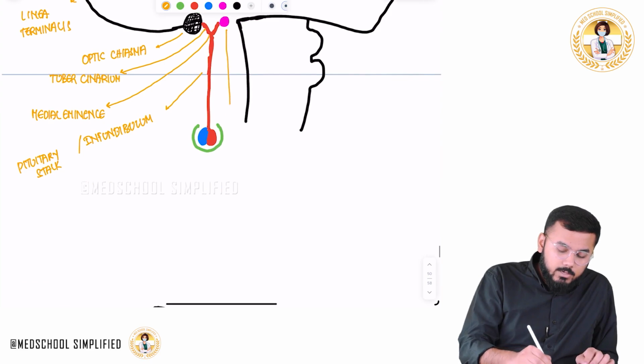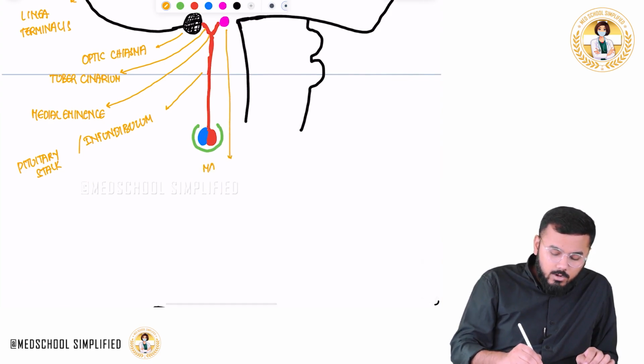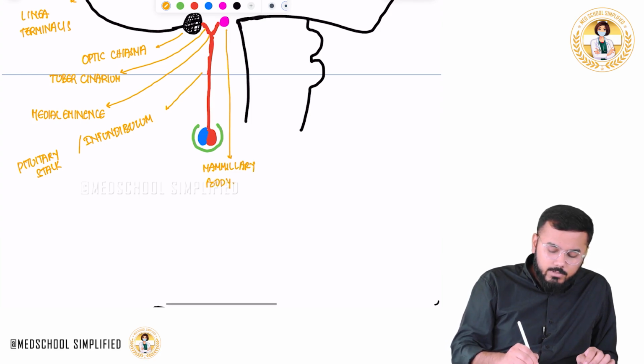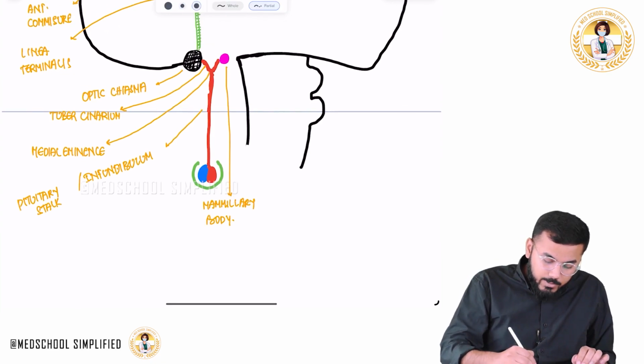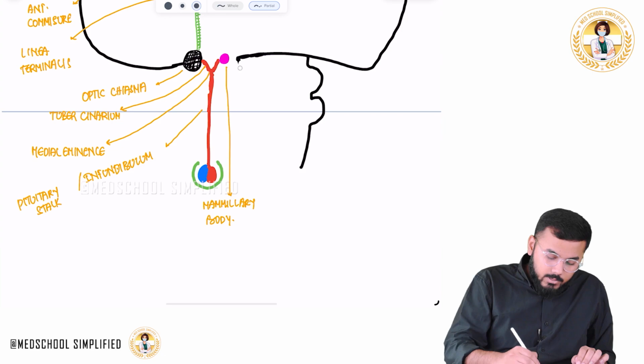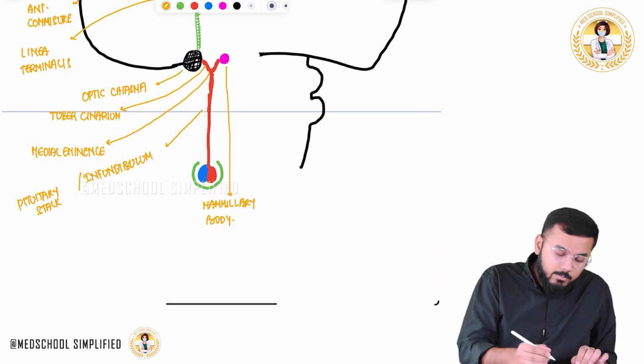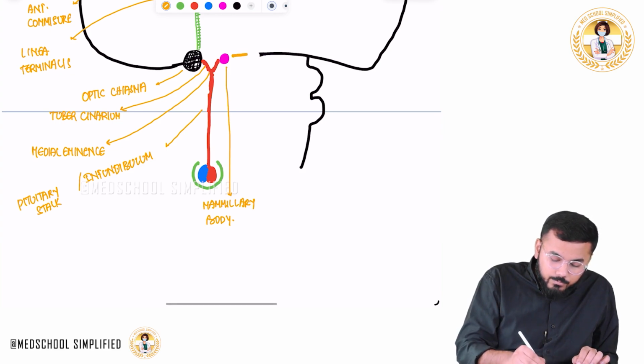This particular structure over here is called your mammillary body. Next, just behind this mammillary body, look closely at another important structure.